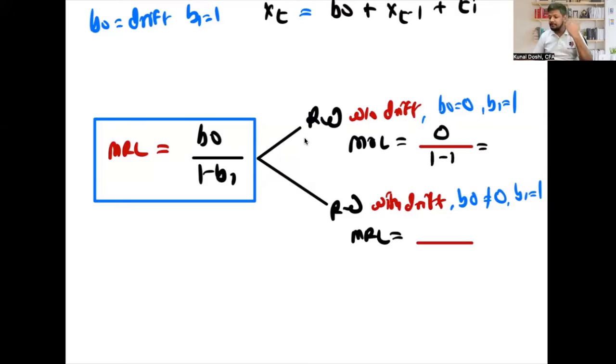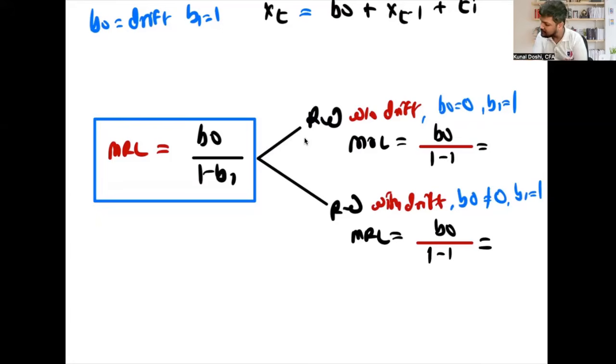And here, let's say B0 is some value, whatever value you choose. Even you can choose 0, non-zero, any value that you use here, B0 divided by, again, 1 minus 1 is 0. So here, everyone in the class, in the previous case, if I put B0, again, here also B0 and here also B0. Now you will say there is no difference, isn't it? Correct?